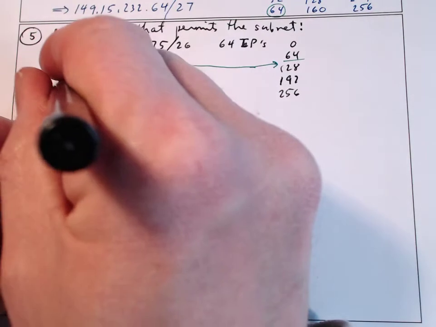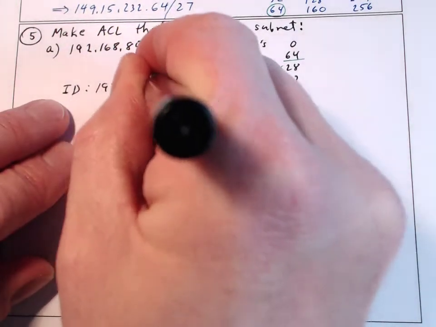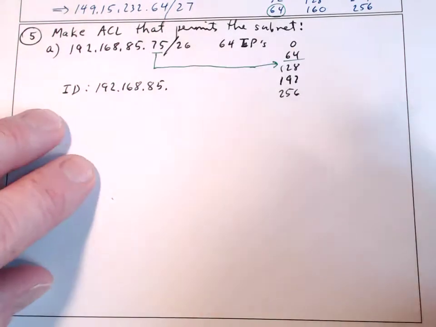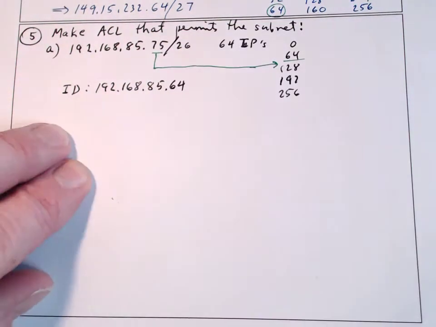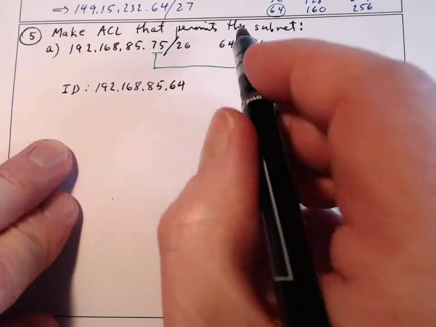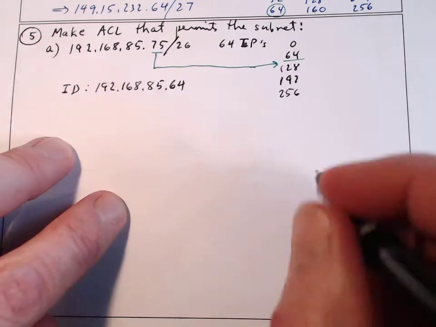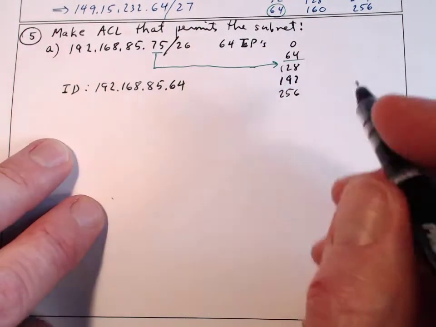So the network ID is 192.168.85.64. That's the network ID, and this is a subnetwork of size 64, which means it's taking 6 bits to specify it.